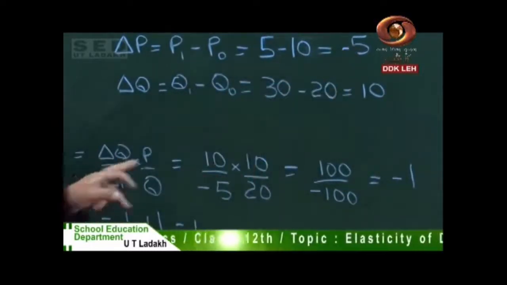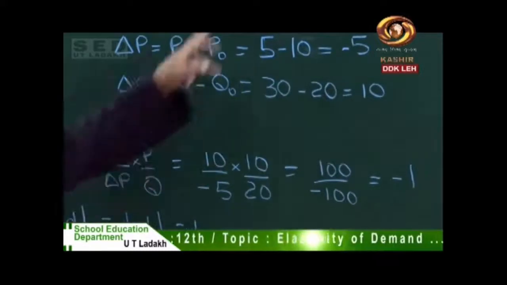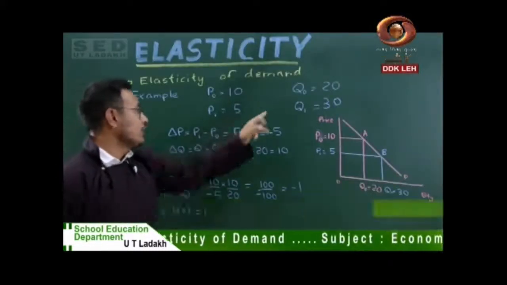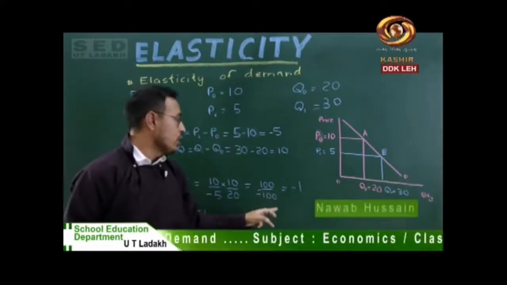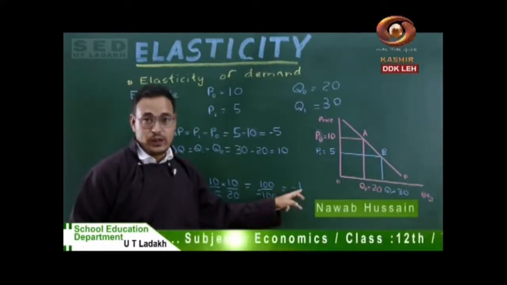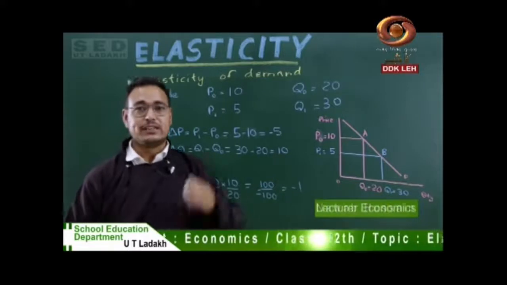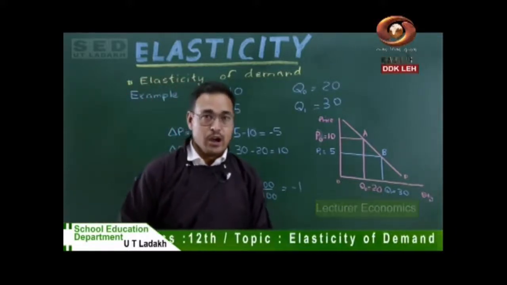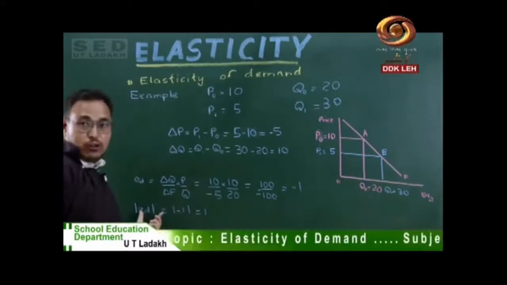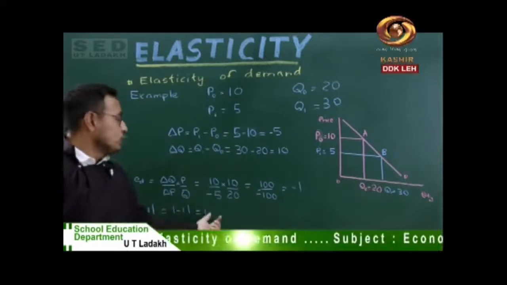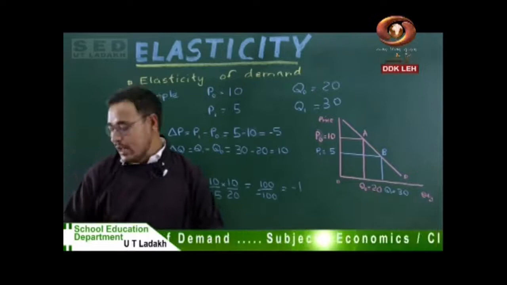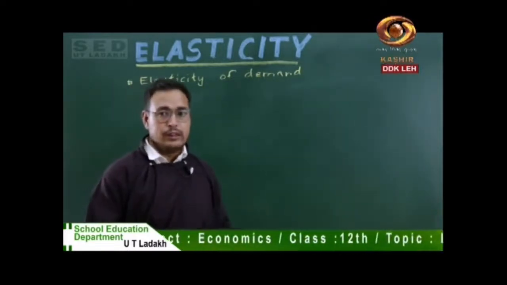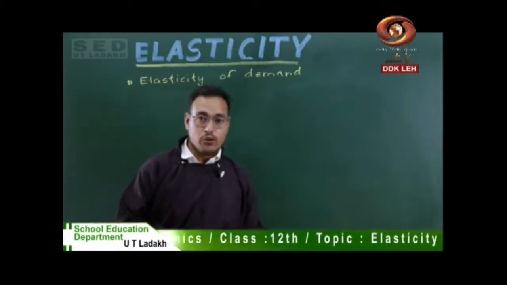So I am putting the value 10 upon minus 5, P, which is your initial price, 10, and Q, which is your initial quantity, 20. So here we get the value minus 1, whereby the minus represents the slope. Since it's a demand curve, it's negatively sloped. But we can use the absolute value to calculate the elasticity. So here we have 1 as the elasticity of demand. In our example, we found the value 1.